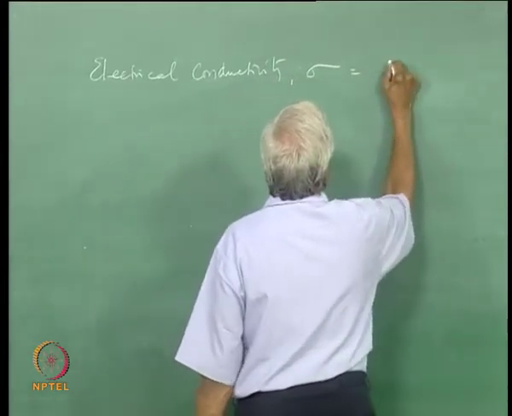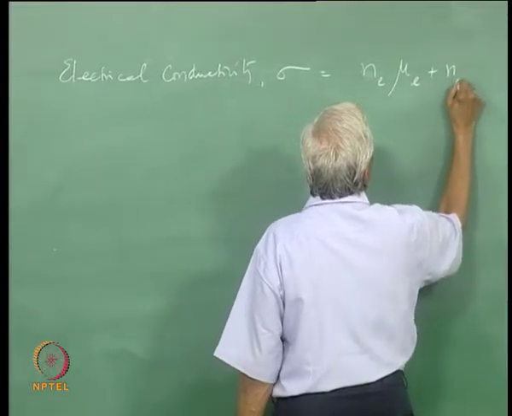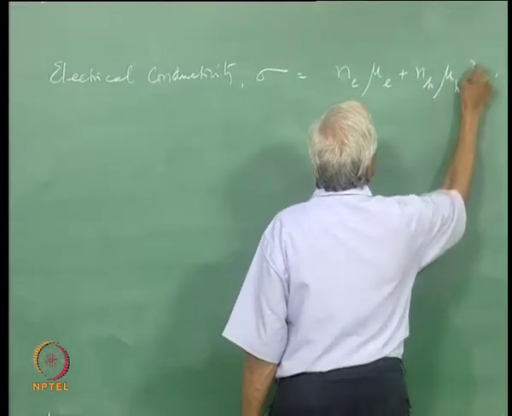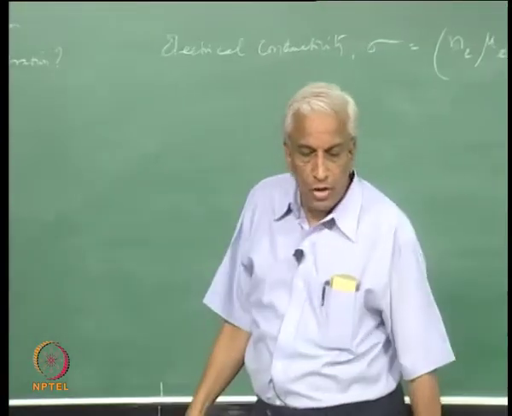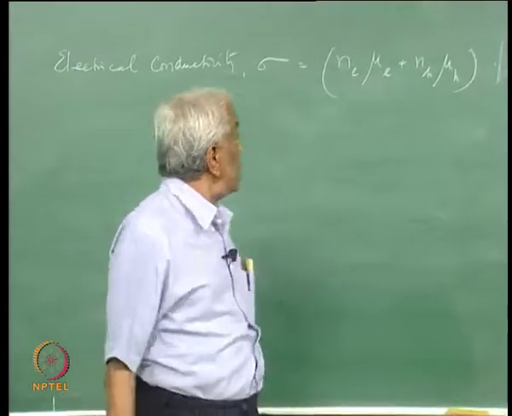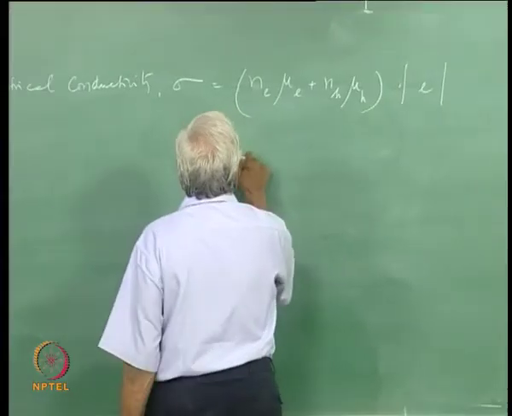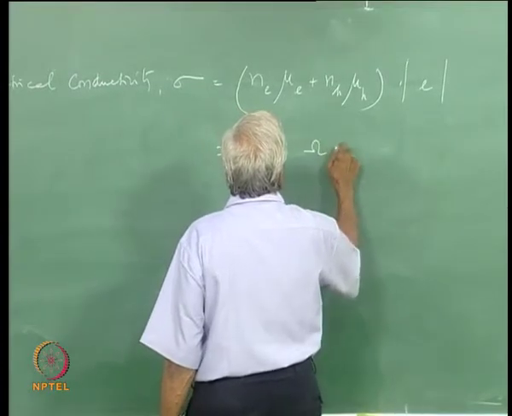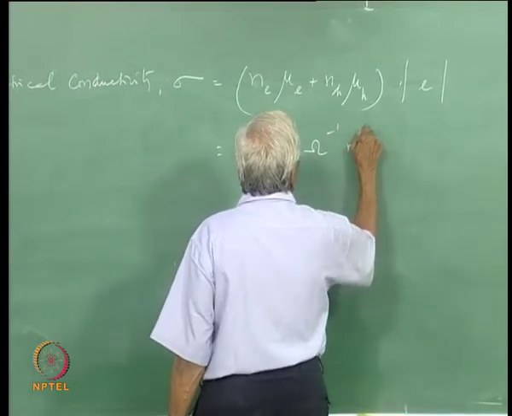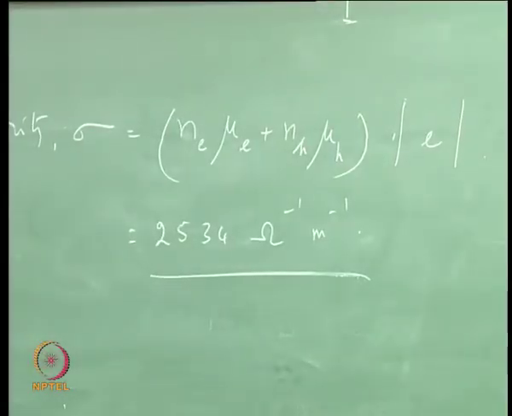Sigma, as we have seen, is (Ne mu E plus NH mu H) times mod E. So, Ne is known, NH is known, and therefore we can calculate the conductivity. That is the value for the conductivity with the given mobility values.